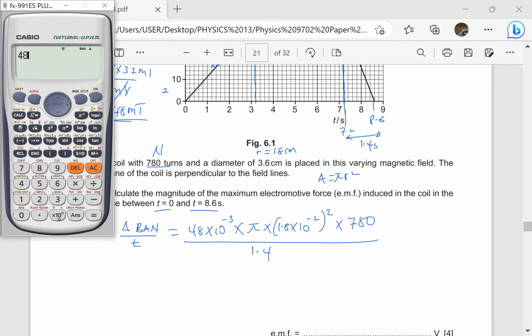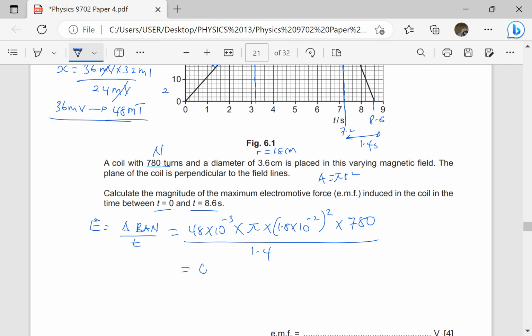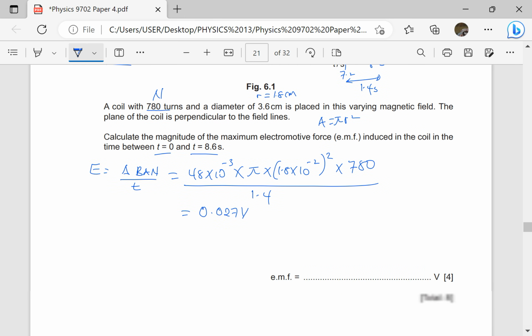So 48 times 10 power negative 3 times pi times 1.8 times 10 power negative 2 squared, then times 780 divided by 1.4. This is giving me 0.027 volts. So the maximum EMF is going to be 0.027 volts.